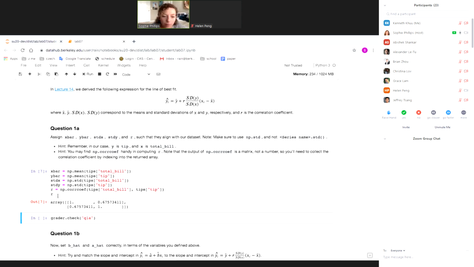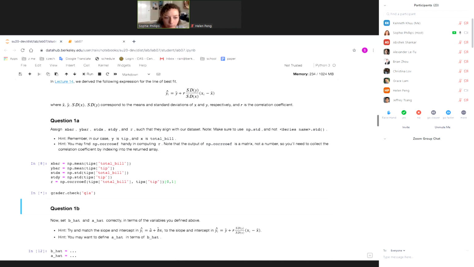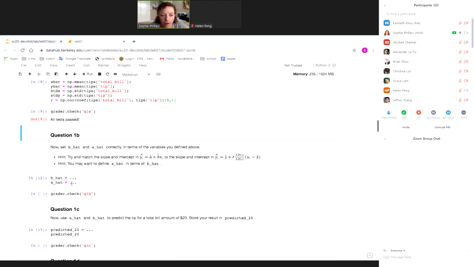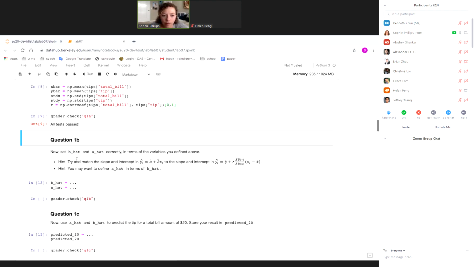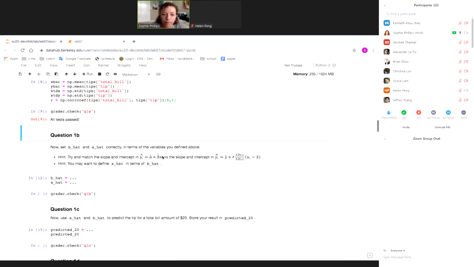So the value we want is just the first row, second column, or the second row, first column, to get this correlation coefficient. And that should pass. Great. And now we'll find b hat and a hat in terms of the variables we defined above.